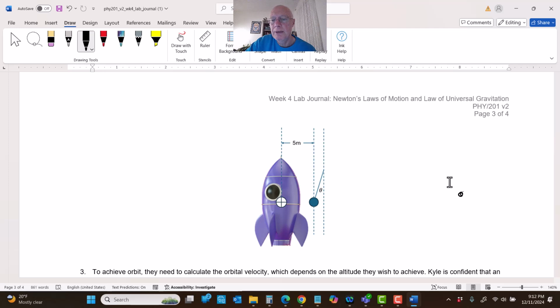So the forces on the pendulum bob are given by the tension from the string, the force of gravity from the planet, and then the force of gravity between the spaceship and the pendulum bob. I'm going to draw in some dashed lines. And these are the components of the tension vector.